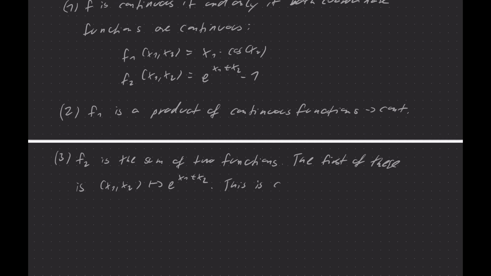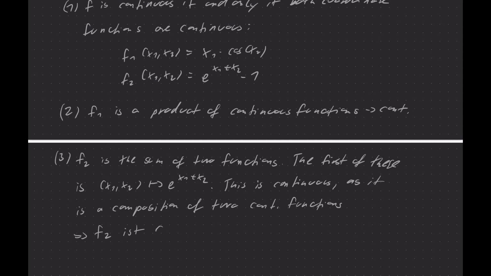And this is continuous as it is a composition of two continuous functions. And altogether this means f2 is continuous.